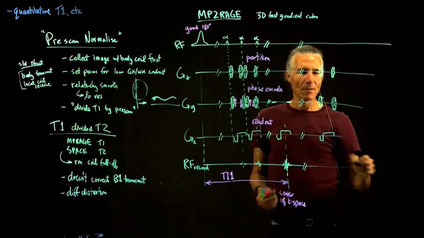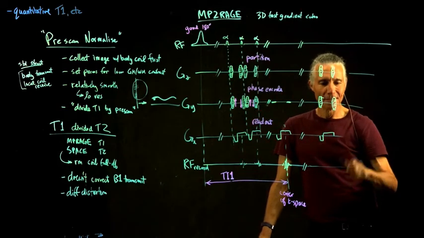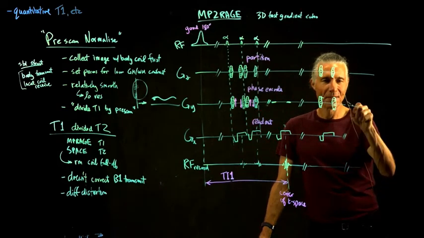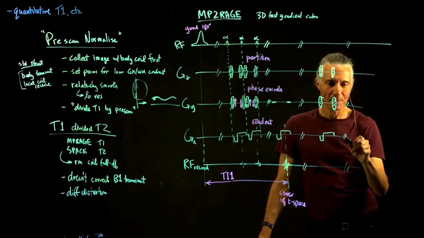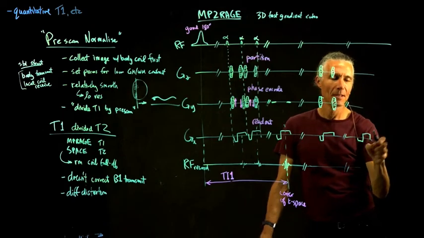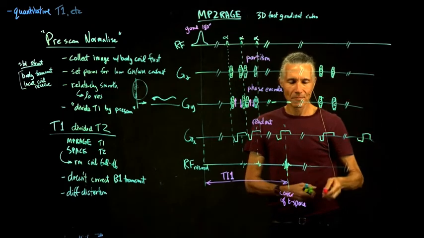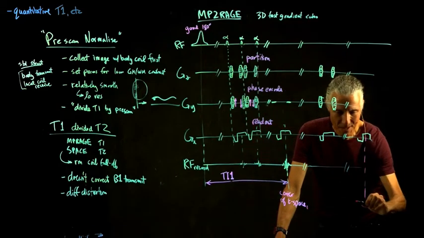And then after a while, we eventually get to the center of K-space, and so here's the center of K-space 1, so this is the center of K-space 2.